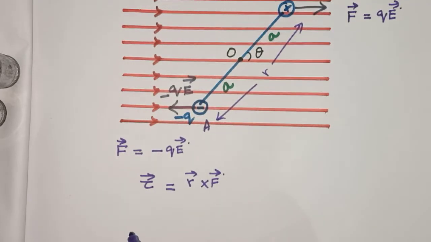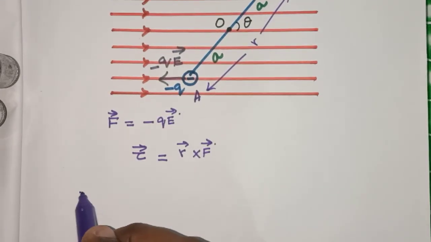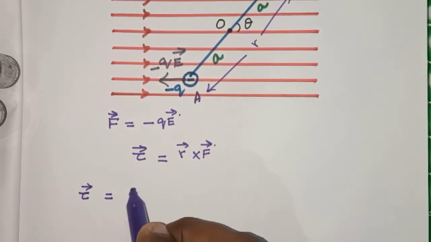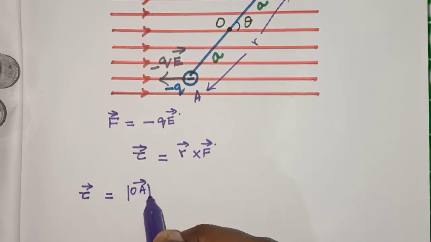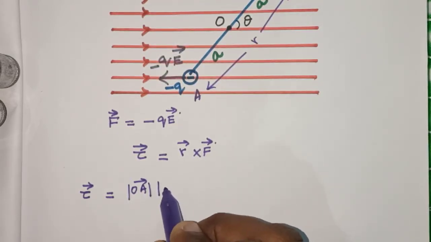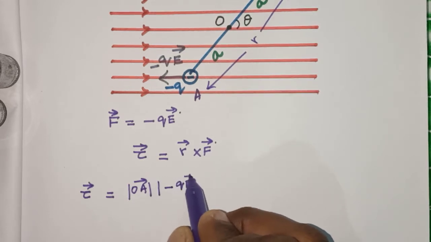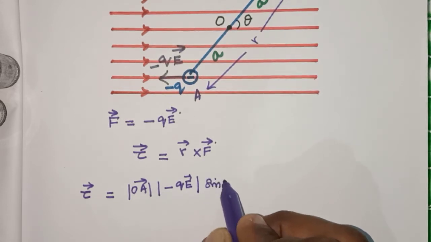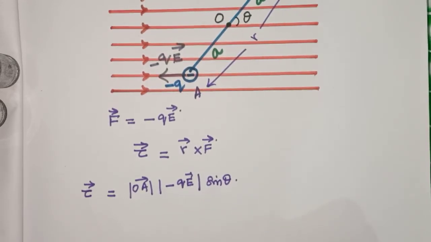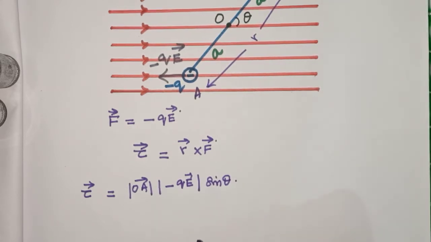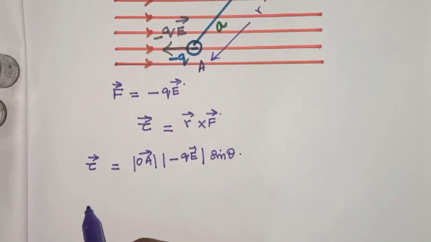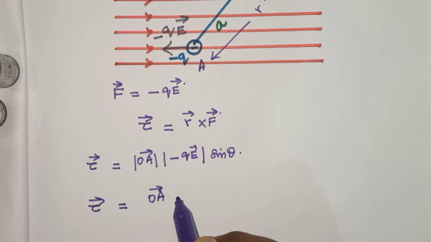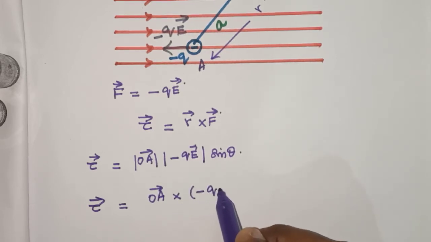So torque, the symbol tau vector, equals the modulus of OA vector times minus the modulus of QE vector times sin theta. Actually this equation comes from the previous steps: torque is equal to OA vector cross minus QE vector.